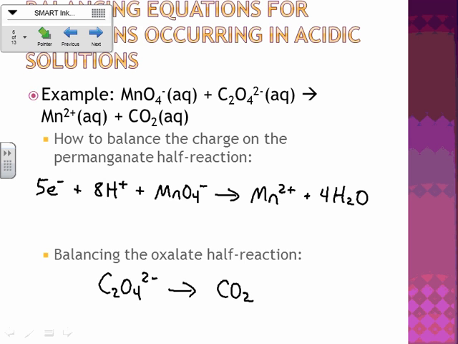But the first thing we have to do here is make sure that our carbon is balanced, okay? Which it is not. So let's put a 2 in front of the CO2. Interesting. That's a little bit easier, isn't it? So we're balanced, right? No. Okay. The only problem here is the charge is not balanced, right?